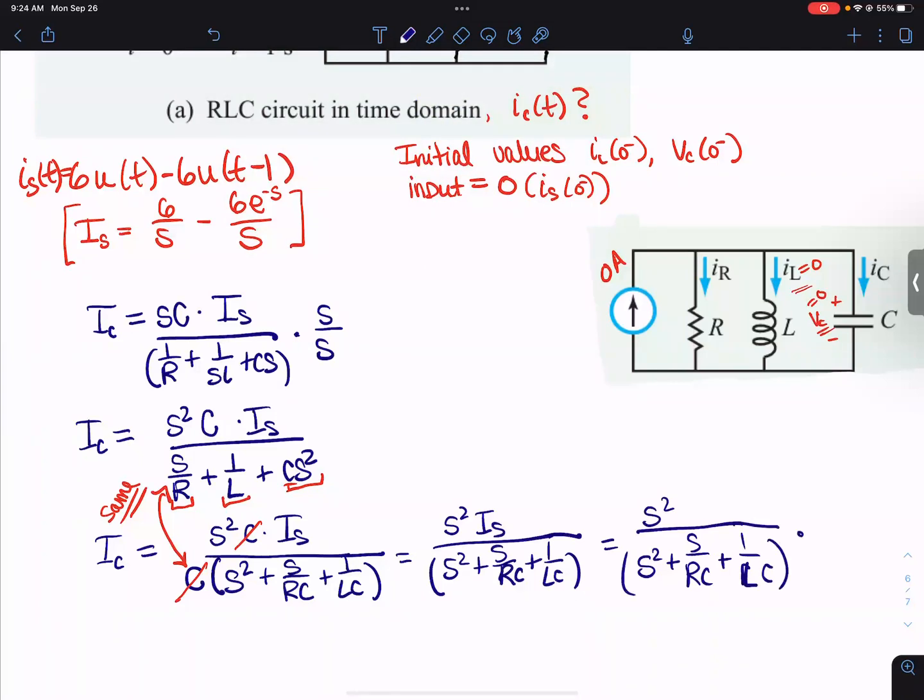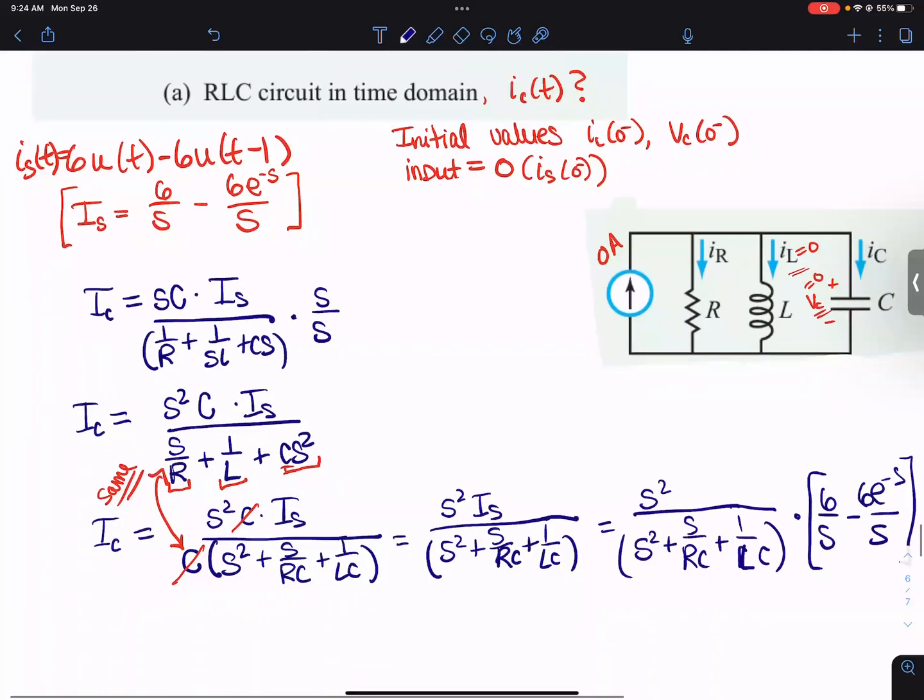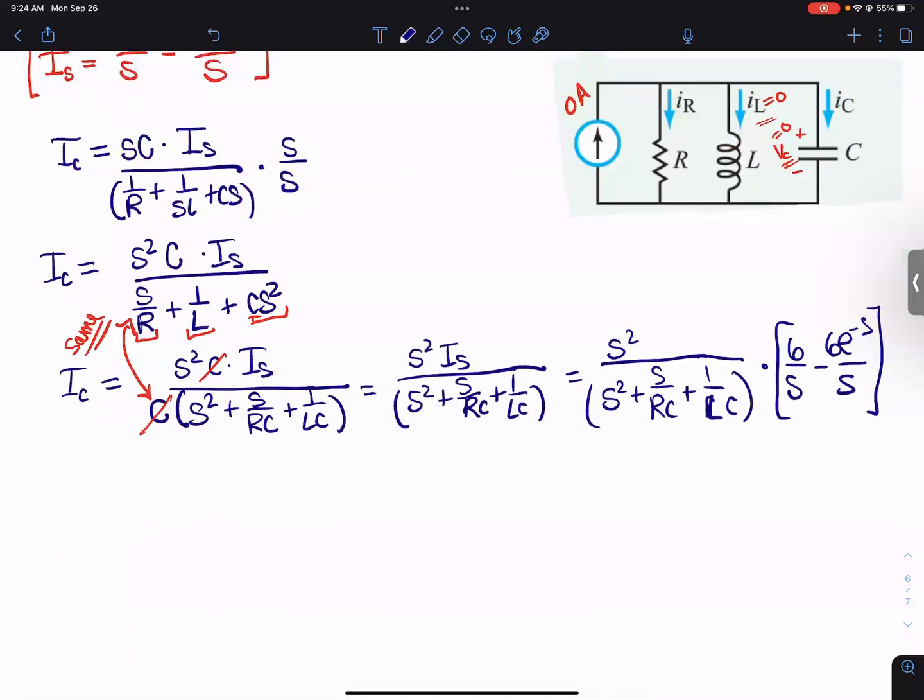And now it's multiplied by 6 over S minus 6e to the minus S over S. So from here, we want to get this into the forms of the table. And you can see here that there's going to be two forms. There's going to be the first term times 6 over S, and the second term, which is that multiplied by 6e to the minus S over S.